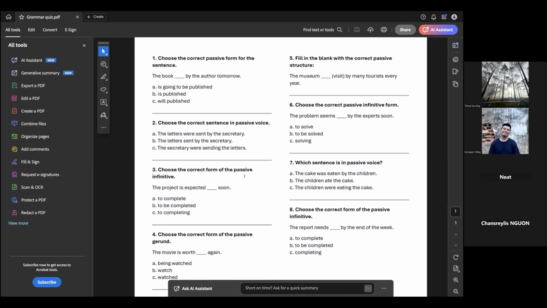The museum is visited by, yes, right? Yep. Number 6. The problem seen by the expert seems to be shown. Yes, right. Yep.